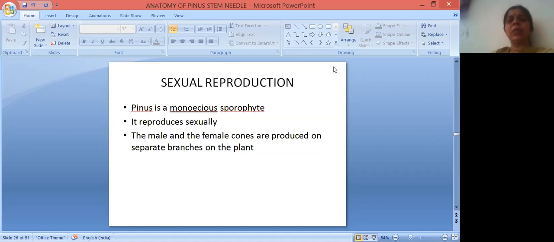Dioecious means production of male and female reproductive organs on separate plants. The male plant and female plant are separate. Such a condition is called dioecious. But whereas monoecious is the primitive character, on the same single plant, male cones and female cones are produced on separate branches.